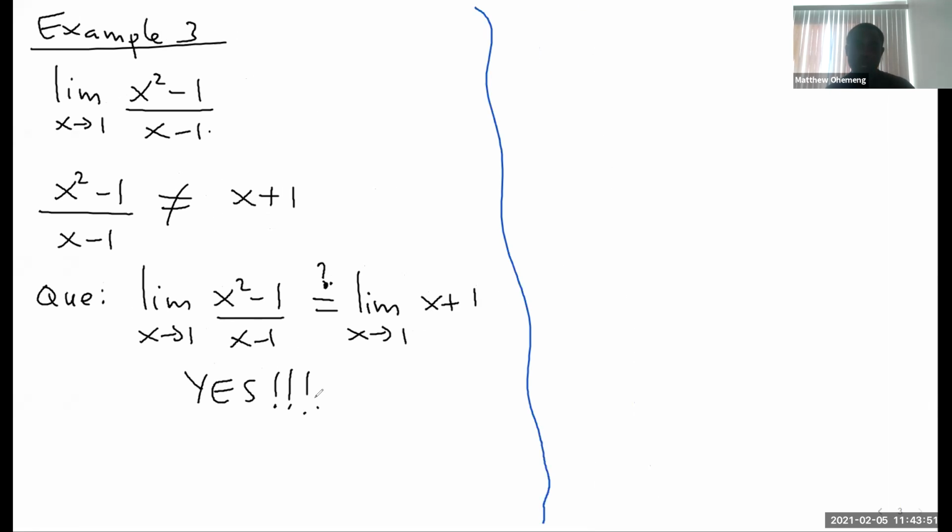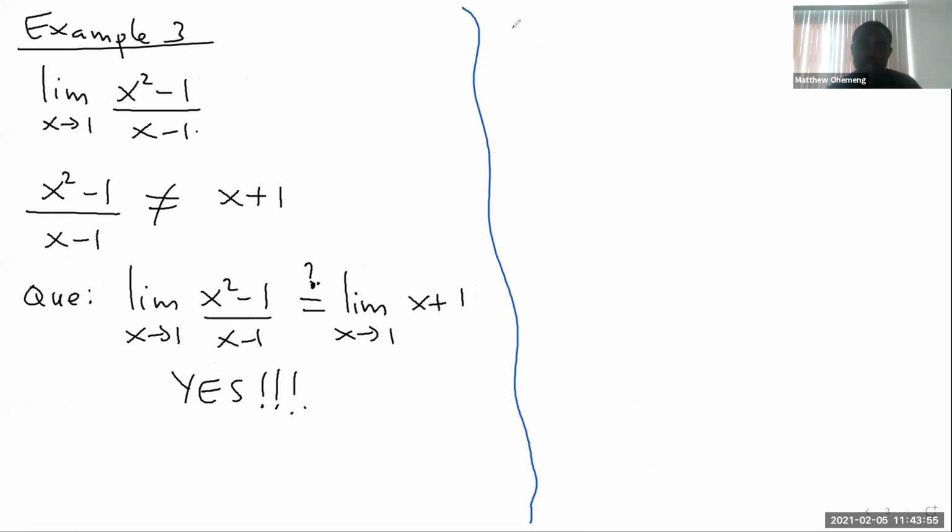Why? Because looking at these two functions, that's not how you're going to solve it. I'm just explaining everything. I'll write how you're going to solve it very soon. So suppose you have f of s equal to this and g of s equal to this.